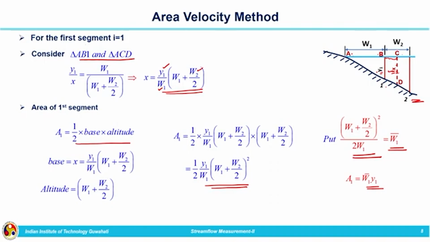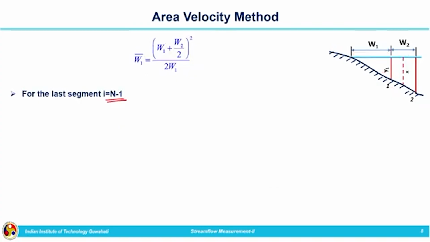In a similar way, for i equal to n minus 1, the last segment, we can calculate the width corresponding to it. This is the schematic representation of the last segment. We do not know this dimension because our base of the triangle is this and the altitude is given by this. The altitude is not an issue: (Wn plus Wn minus 1) by 2.